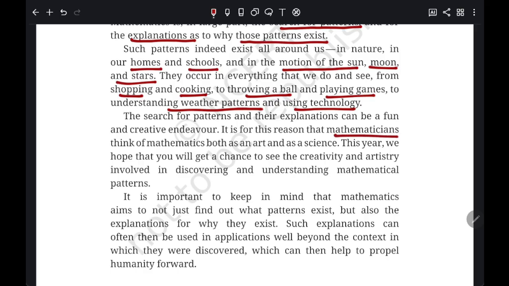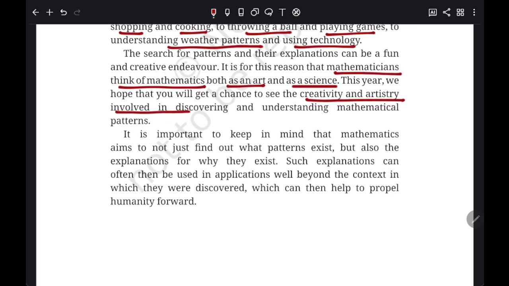So that's why mathematicians think of mathematics both as an art and a science also. This year, we hope that you will get a chance to see the creativity and artistry involved in discovering and understanding mathematical patterns.